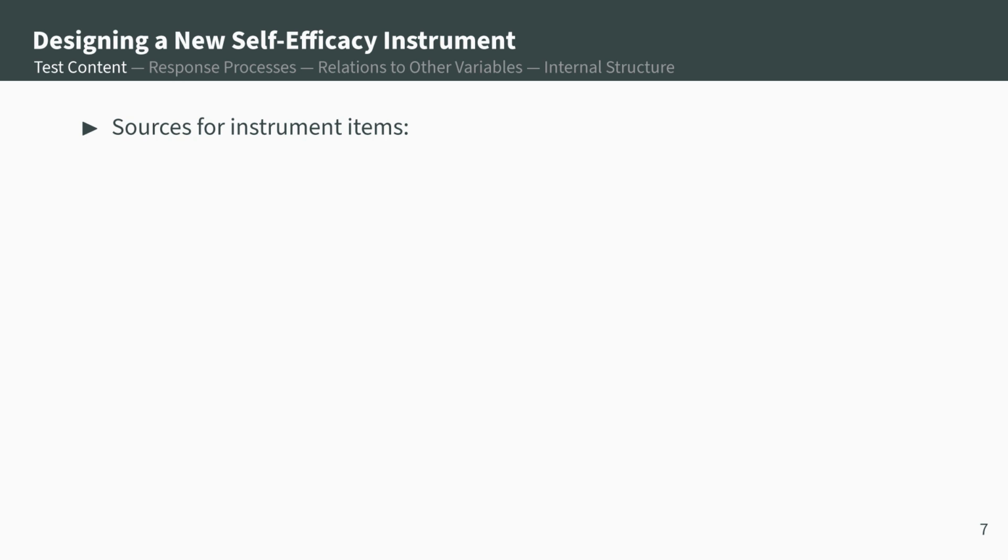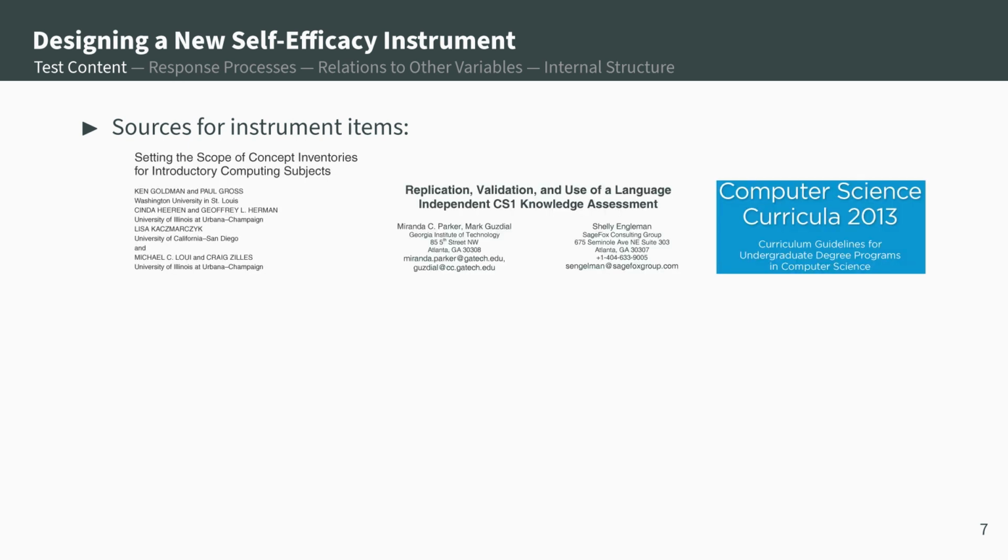The first criterion refers to the relationship of the content of an instrument and the construct it is intended to measure. Since the instrument's items must reflect the contents typically taught in a CS1 course, we use literature on important concepts, curricular standards, as well as sample course descriptions as a foundation for creating the initial item pool.